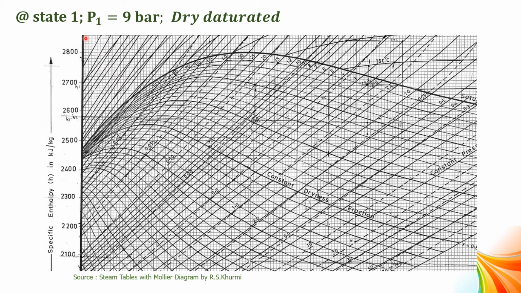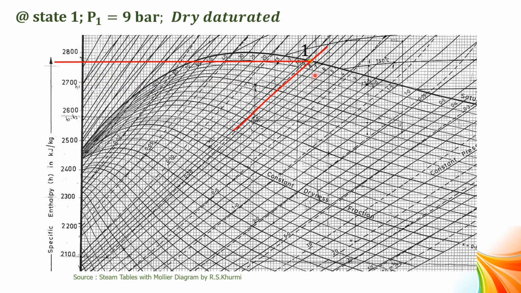So in our problem, they have given pressure P1 equal to 9 bar and the steam is dry saturated. Now I have to draw a line at 9 bar on the Mollier diagram. See, this is the 9 bar pressure line which is intersecting the dry saturation curve because the steam is dry saturated. So mark the intersecting point as 1.